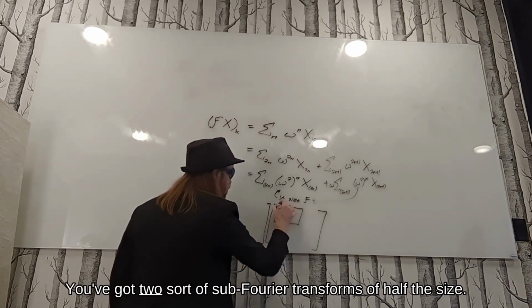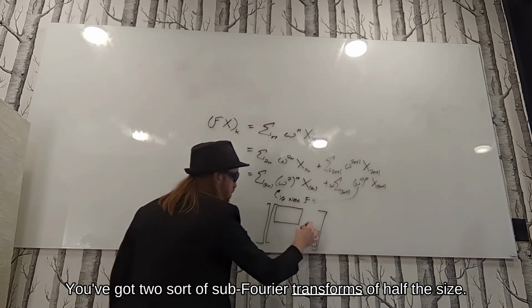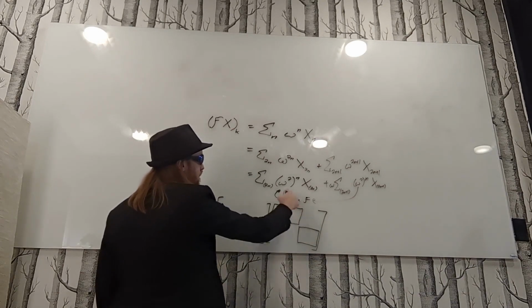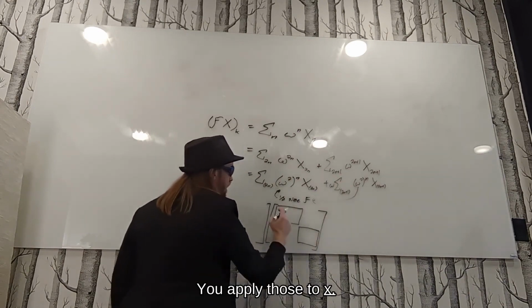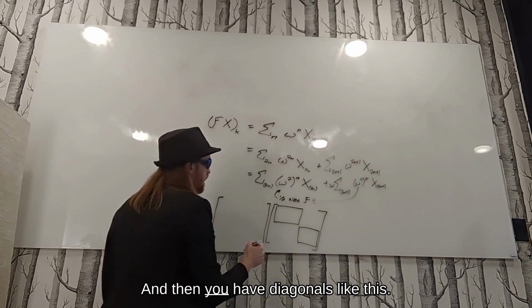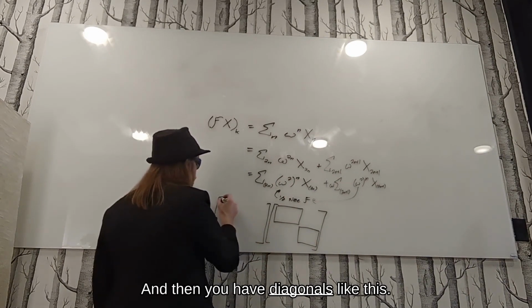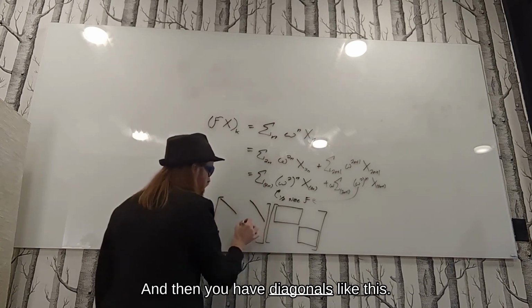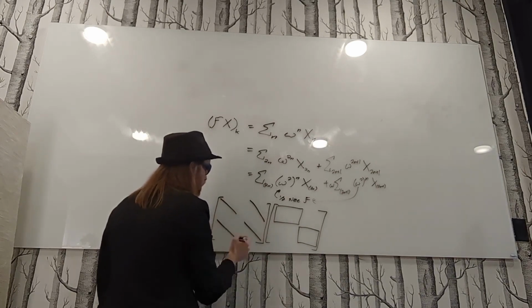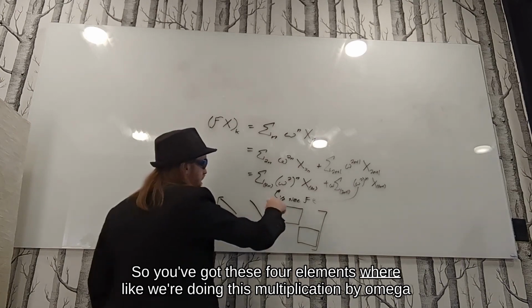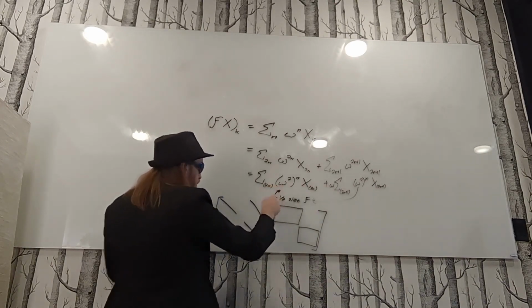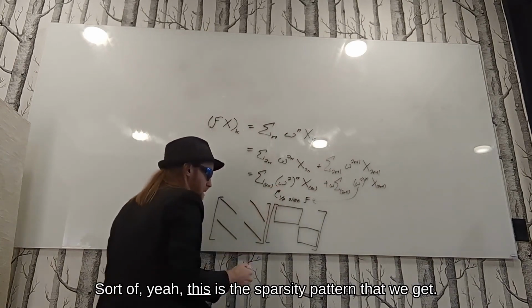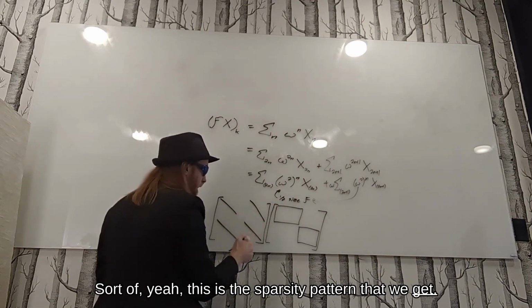You've got two sub-Fourier transforms of half the size, so this is like this guy plus this guy. You apply those to x. And then you have diagonals like this. So you've got these four elements where we're doing this multiplication by omega and then adding it over here. This is the sparsity pattern that we get.